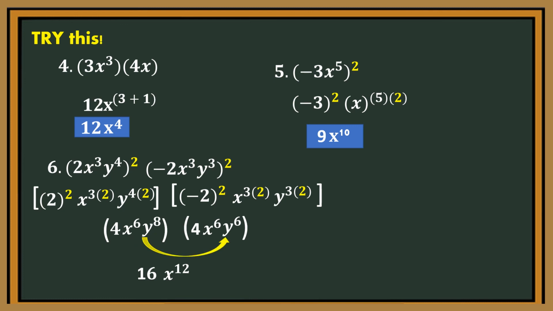That is x raised to the 12th power. Y, so they have the same variable, you just copy, add the exponents. So y raised to the 14th power. So we will have now 16x raised to the 12th power, y raised to the 14th power.